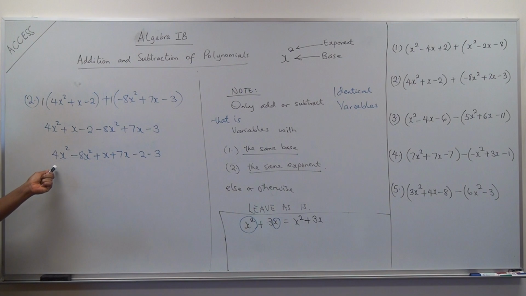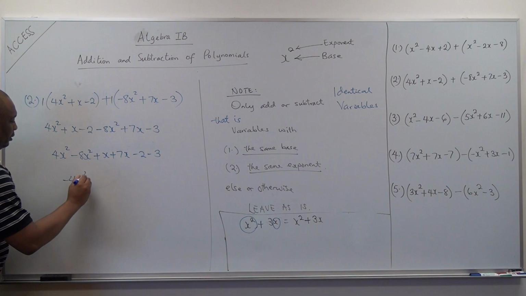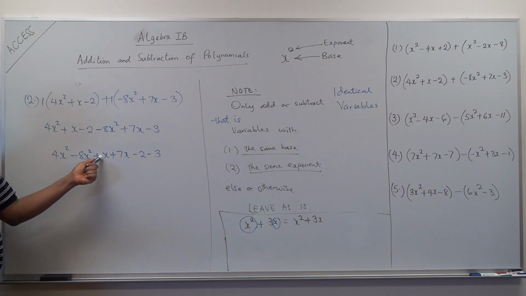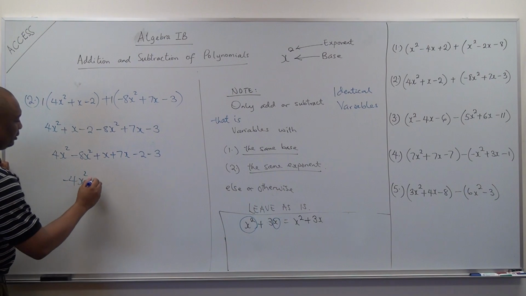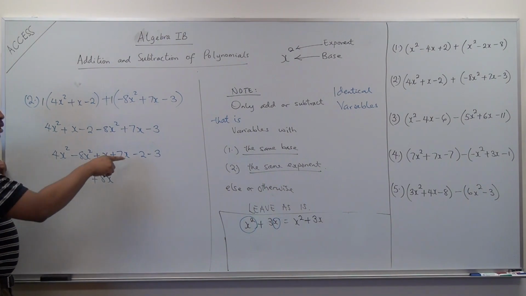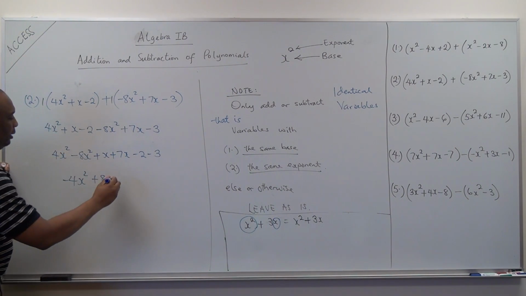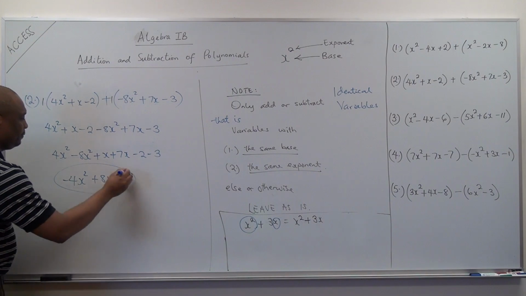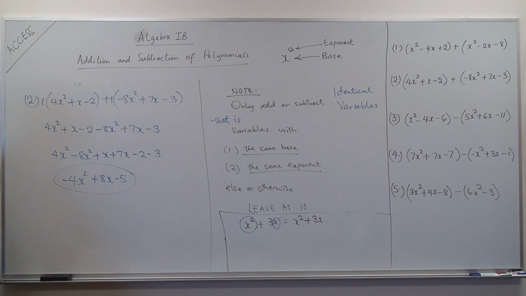You have 4x squared and you owe 8x squared. You have 4, you owe 8. That means you owe 4: -4x squared. You have 1x, you have 7, plus 8x. You owe 2, you owe 3, minus 5. That becomes the answer to number 2.